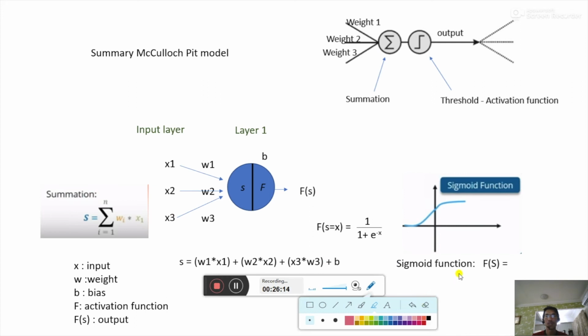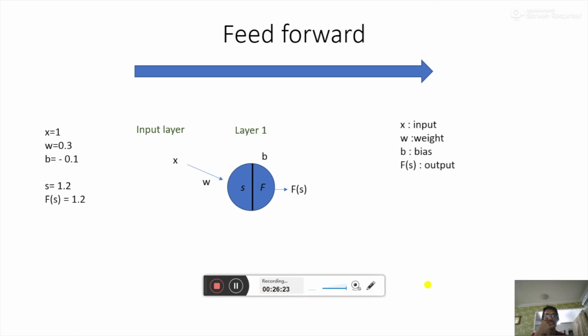Let's move to the next slide and look at an example. Let's say x is equal to 1, w is equal to 0.3, and b is negative 0.1. Now what is the formula?